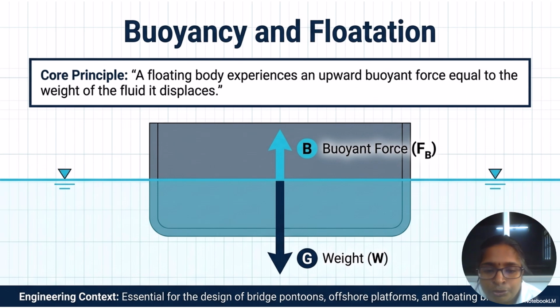Since these two forces are equal, the object will be able to float. From the engineering point of view, it is essential for the design of bridge pontoons, offshore platforms, and floating components.